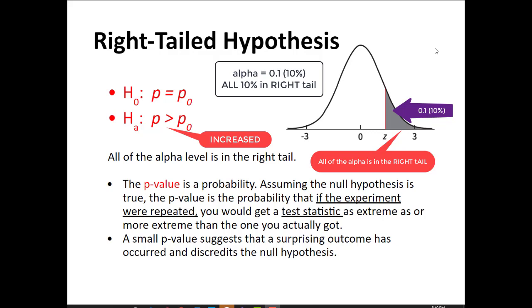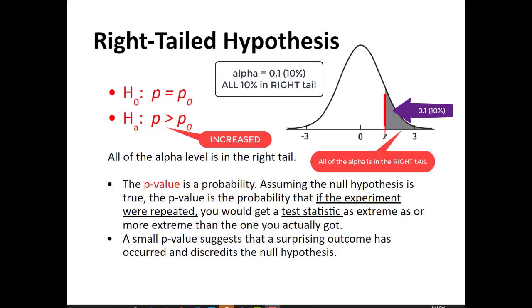Just like before, I have to mark my area of rejection. So I'm going to look at the table of Z-crits to see what matches my alpha so that I can mark where the area of rejection starts.